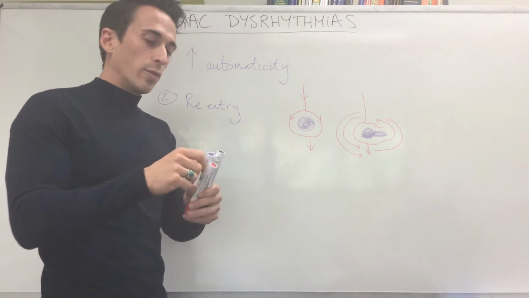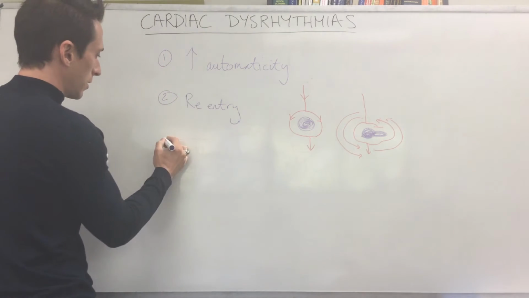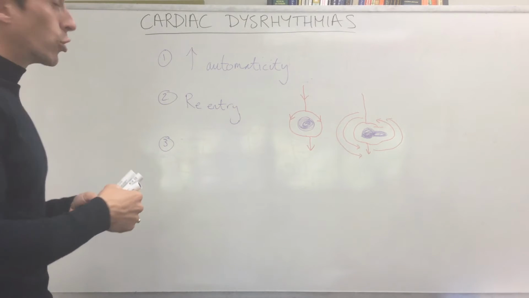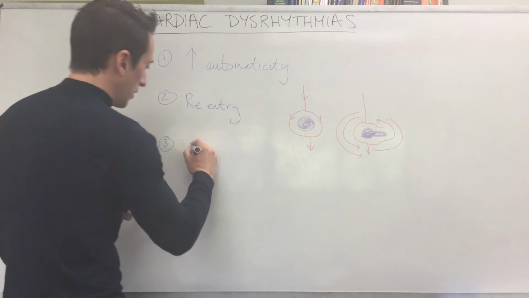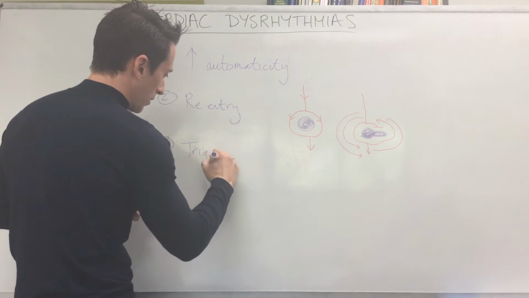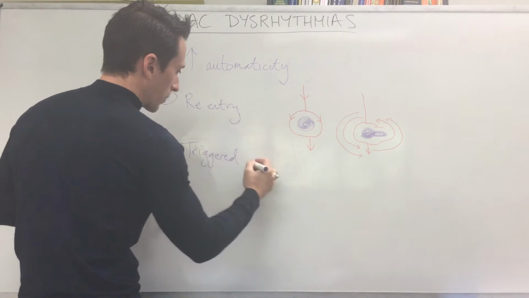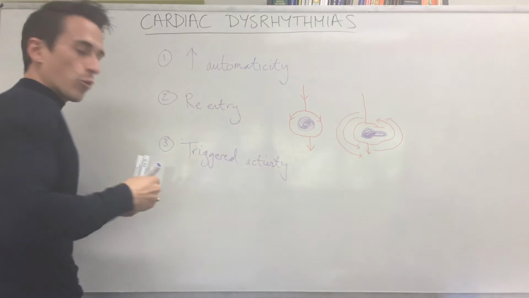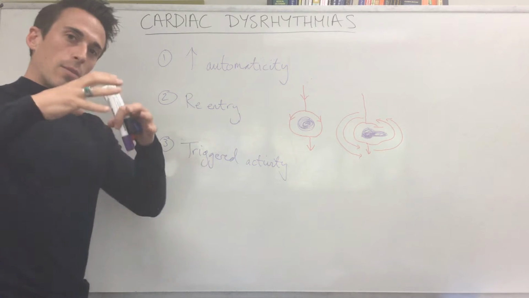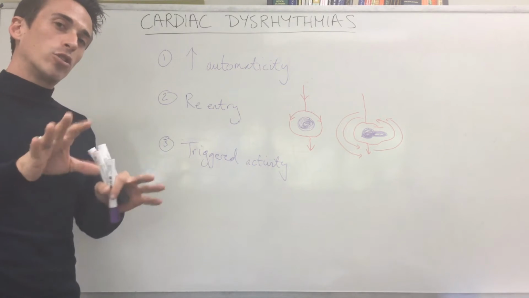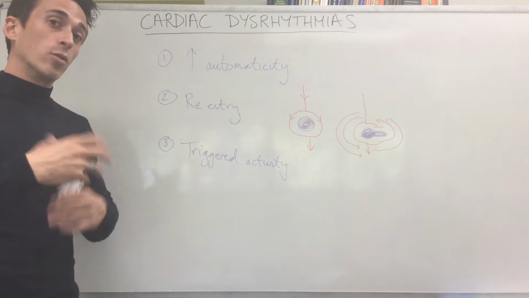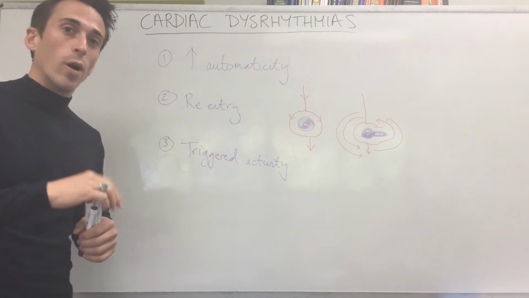The third mechanism of disturbance we can have a look at is what we call triggered activity. Now, triggered activity is where certain myocardial cells contract twice after they've only been activated or depolarized once.